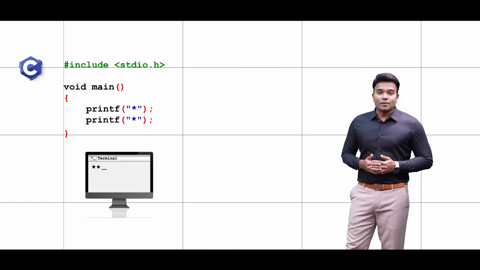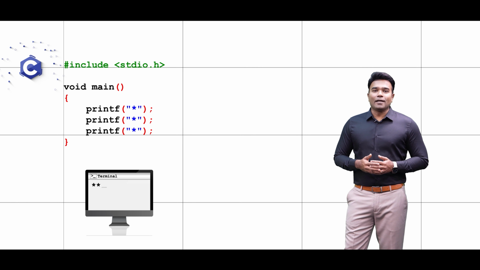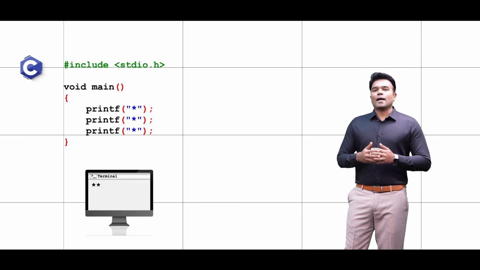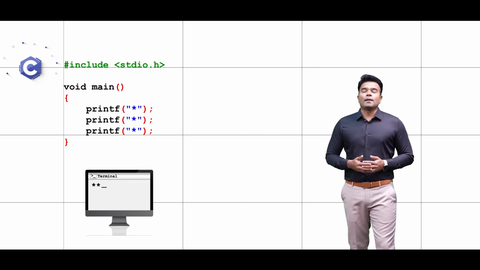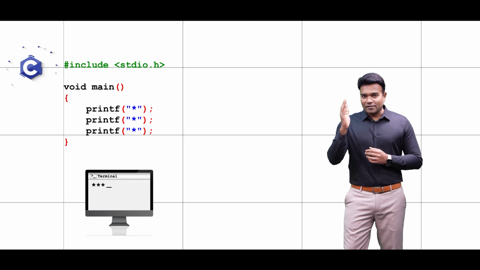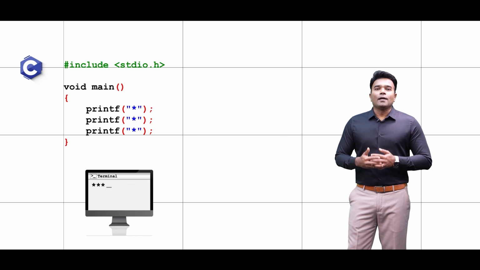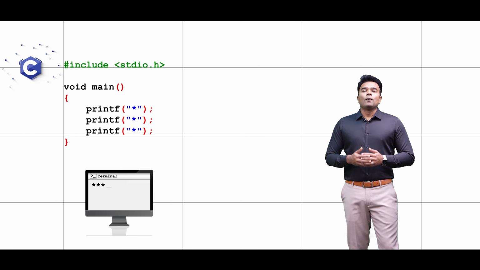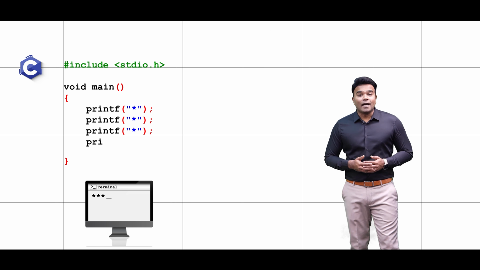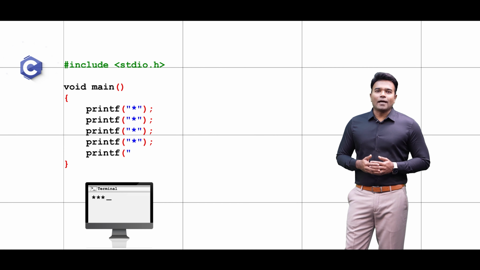And now, say I have one more printf command like this. By now I am sure you have understood that though you have written this third printf command below the previous one, yet the star gets printed at the same place where the cursor is blinking like this, and then the cursor moves ahead. And now, say you are going to add 2 more lines of print command like this.